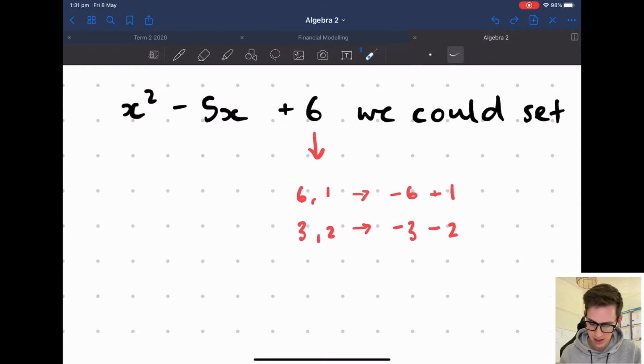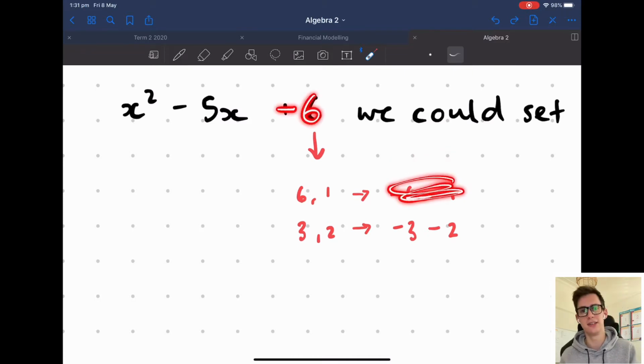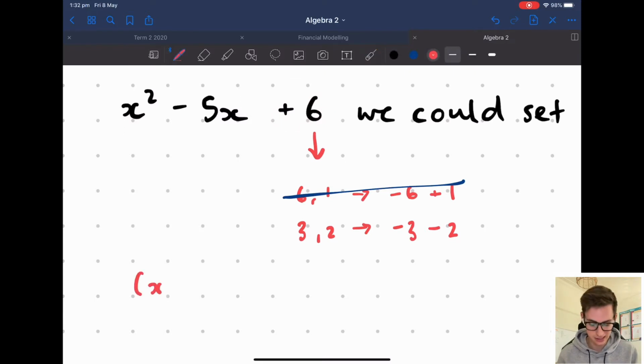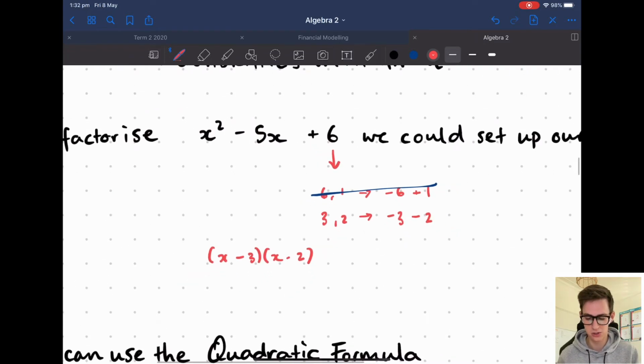You'll notice that -6 times +1 would actually get me -6 as my last term. So even though it works for the middle term, it doesn't work for the last term. It's got to work for both. But if I did -3 times -2, I do end up getting the +6 that I need. So that's quite a tricky example where there were 2 sets of factors, but we need to narrow it down and get -3 and -2.